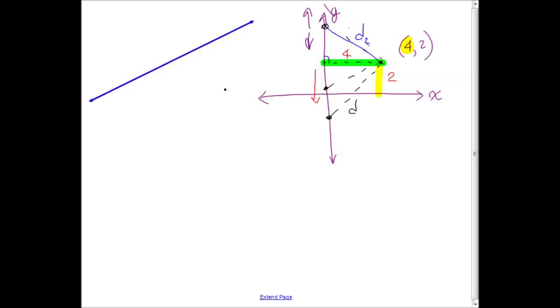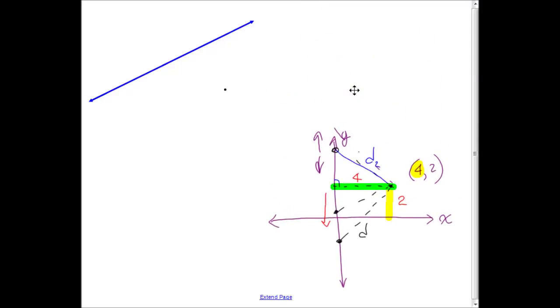So we're going to define our distance between a point and a line as being the perpendicular distance, because that's the one that's going to give us the shortest distance. So now, let me relate that to the situation at hand.